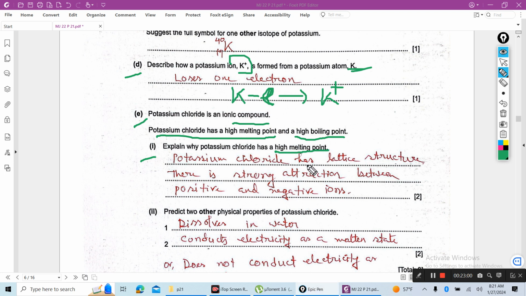Potassium chloride has a lattice structure. There is a strong attraction between positive ion and negative ion. Or you can write potassium chloride is an ionic lattice. There is a strong attraction between potassium ion and chloride ion. So a lot of energy is needed to break this attraction.